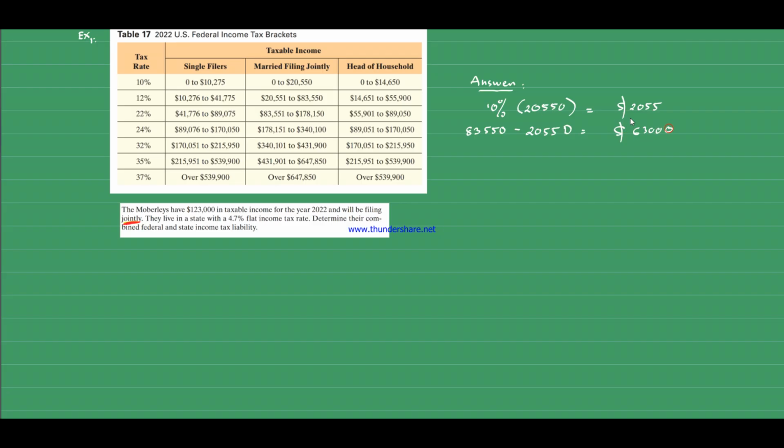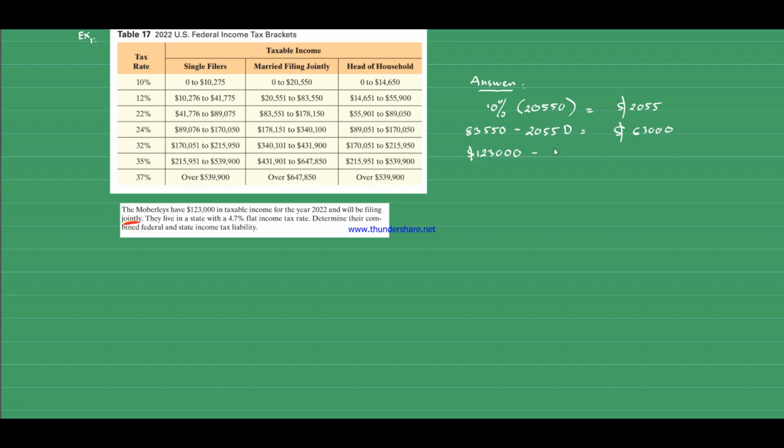All right, then we're gonna have the last bracket, but the high salary we have 123,000. You minus 178,150. Oh, hold on, we minus what? No, we minus 83,550.